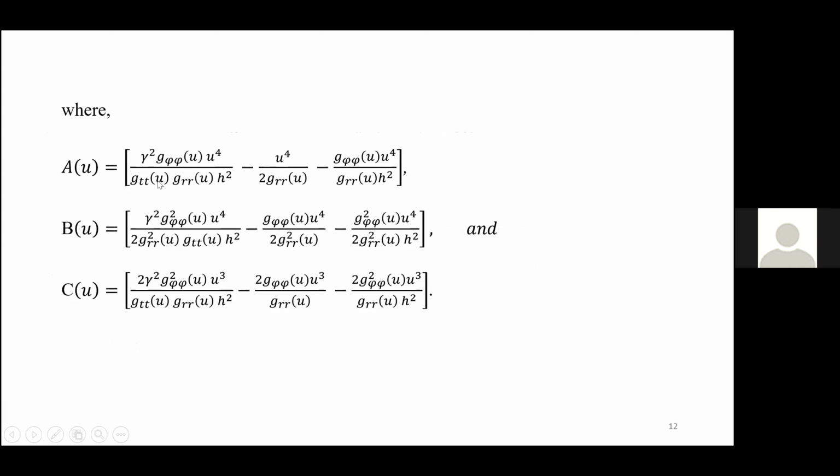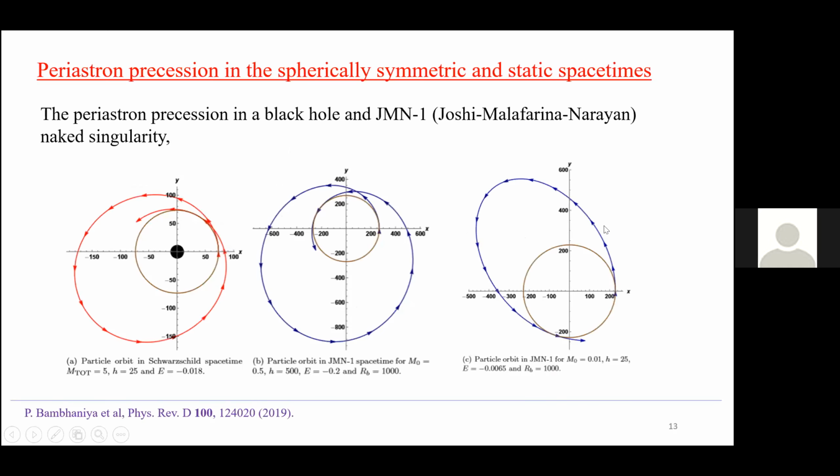In this equation, gamma is the conserved energy per unit rest mass, and h is the conserved angular momentum per unit rest mass. Throughout the whole calculation, we consider the orbital precession in the equatorial plane, so that's why we consider theta equal to pi by 2.